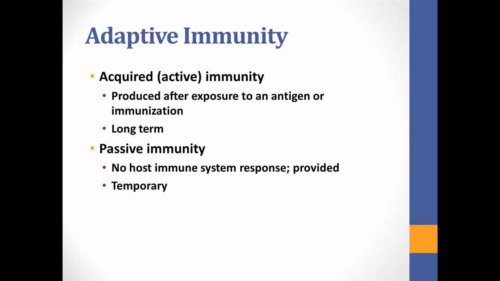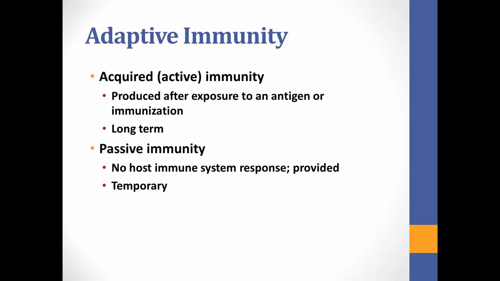Passive immunity does not require the host immune system to respond. It is immunity that is provided, and since it was given to the organism, it is temporary rather than long-term. So it's important that you be able to differentiate between the two. A good example of passive immunity is if an individual has had an exposure to an infectious organism like hepatitis and is given IgG.